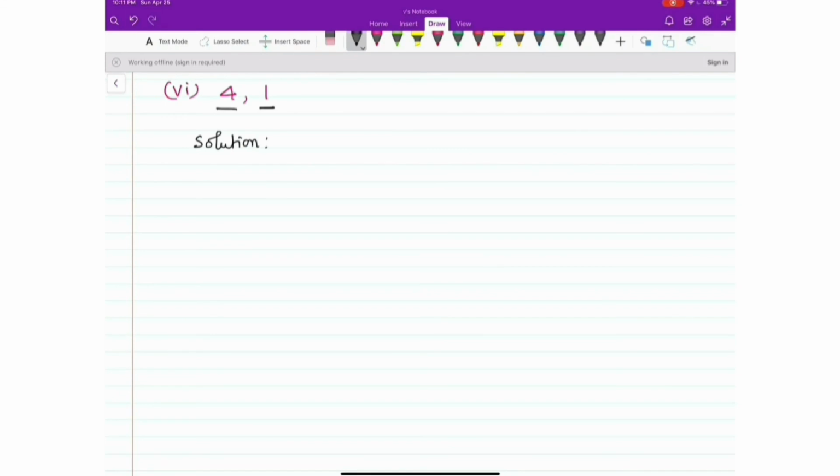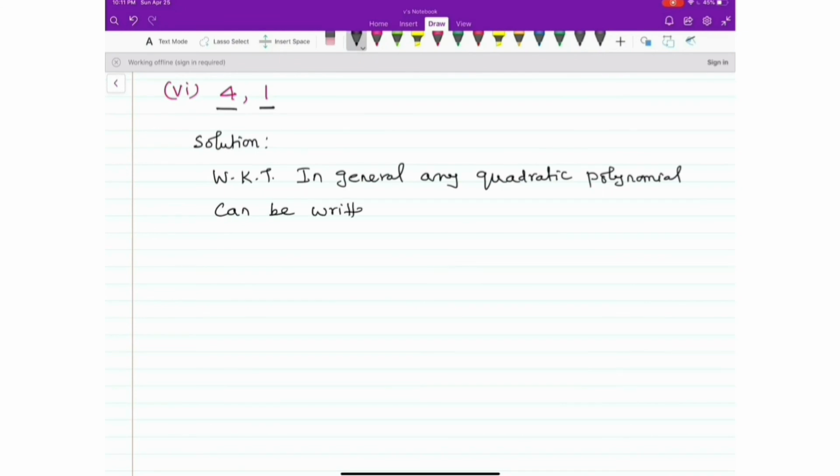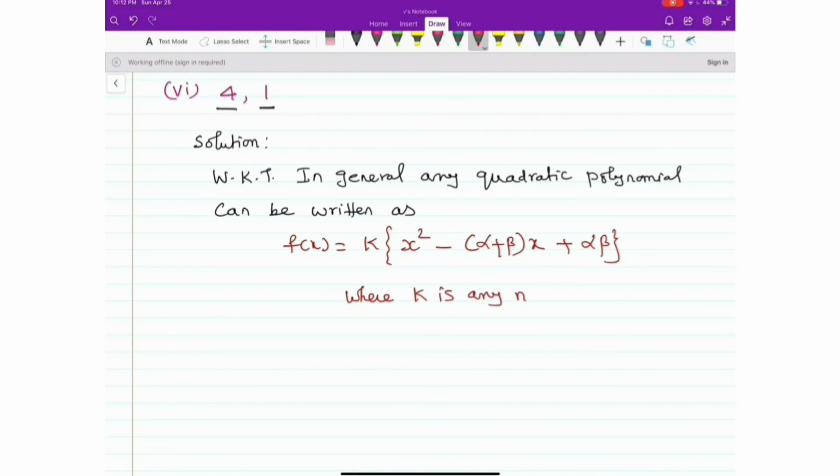The first and the foremost step is to write the very important point, that is, we know that in general any quadratic polynomial can be written as f of x is equal to k into x square minus alpha plus beta into x plus alpha beta, where k is any non-zero real number.